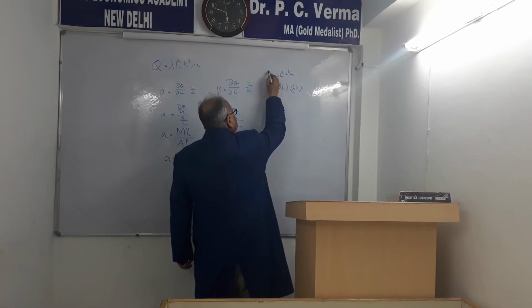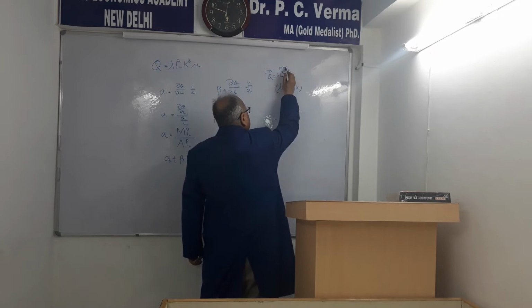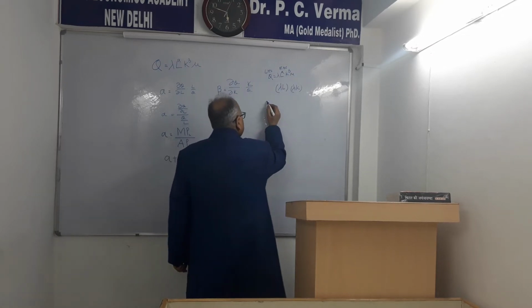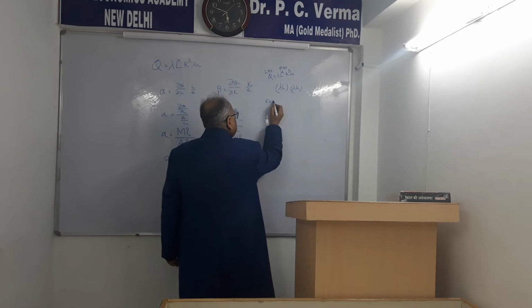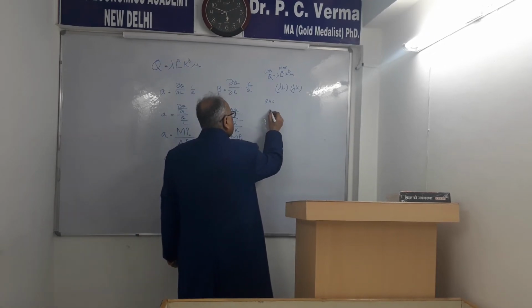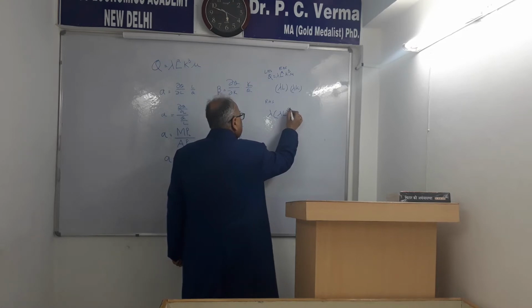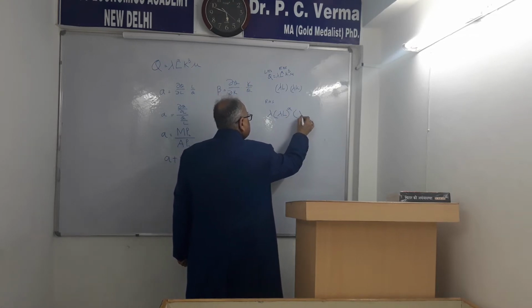This is left hand side, this is right hand side. Take right hand side: lambda, and L is increased by lambda. K is also increased by lambda.